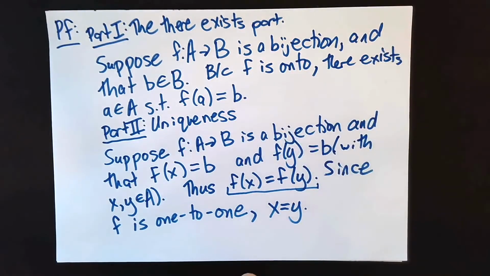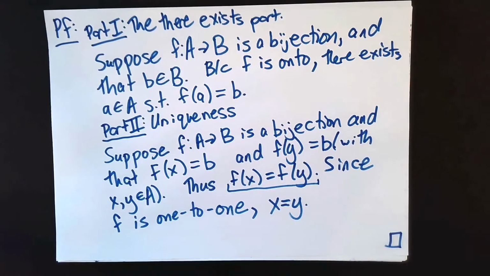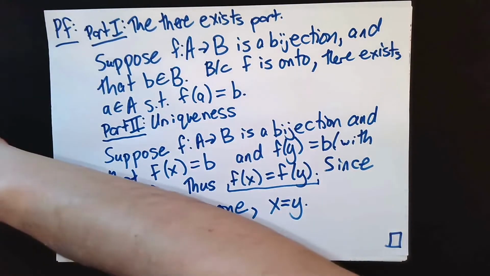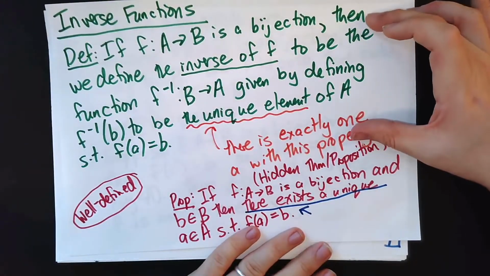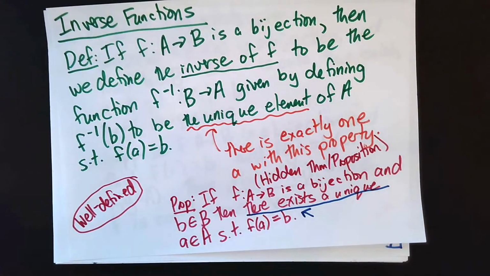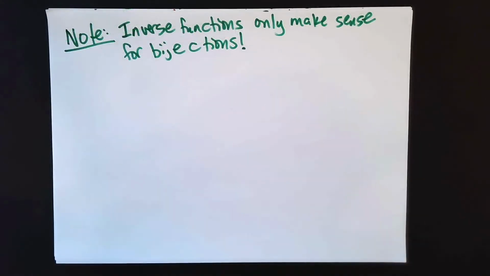And so together, that gets me existence and uniqueness, and so I have completed the proof of this hidden proposition that was smuggled inside the definition of inverse function. So I'll summarize the main takeaway from what we just did. The main takeaway is that inverse functions do not make sense for anything except bijections.